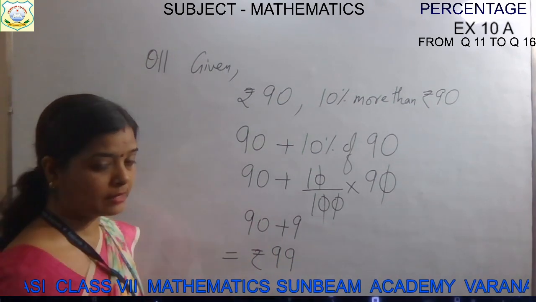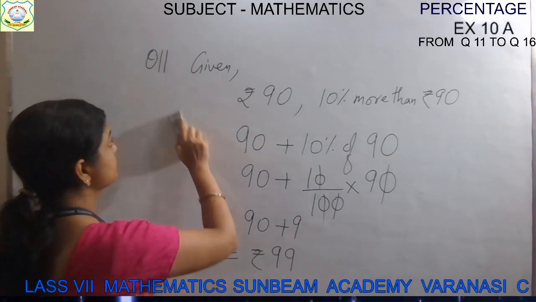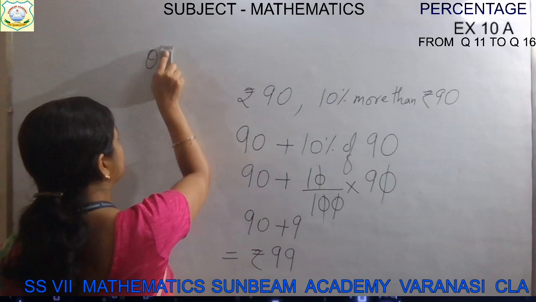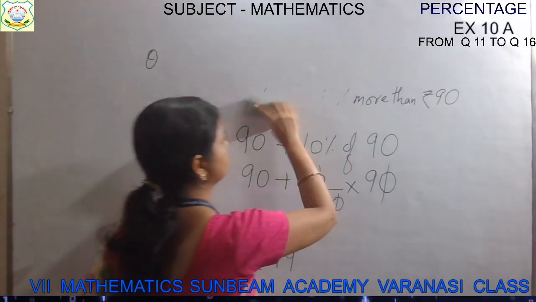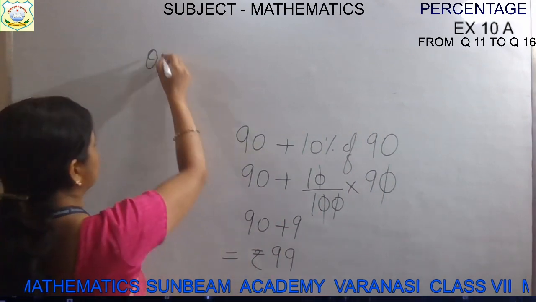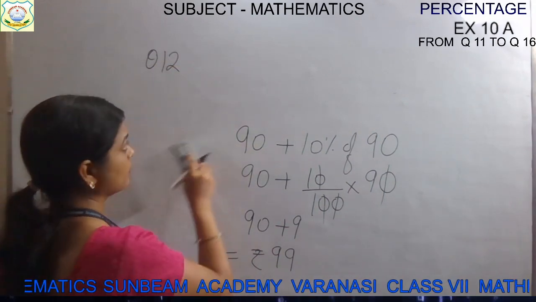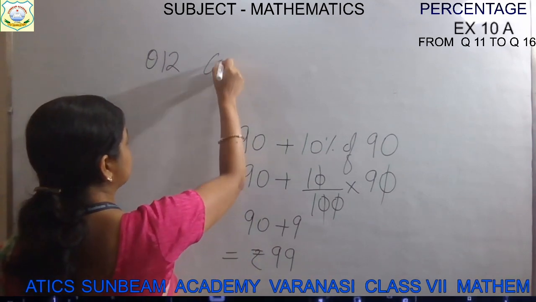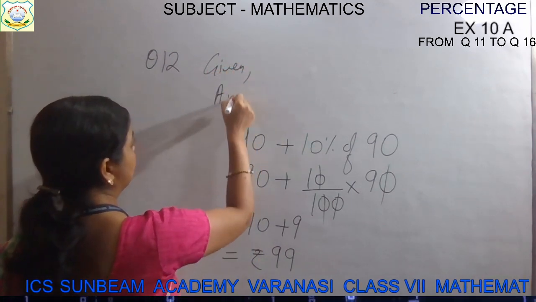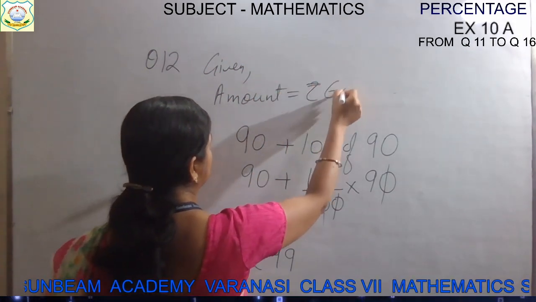Quickly erase this. I am going to erase my board work and you write down in your classwork notebook, children. So, question number 12. Let's solve it first. Question number 12. Given, what is given? Amount 60 rupees.